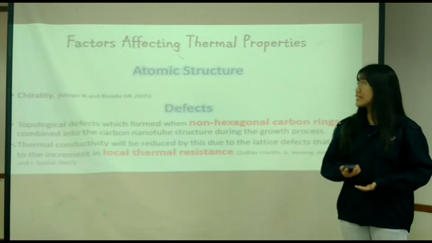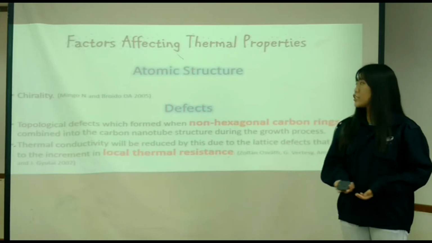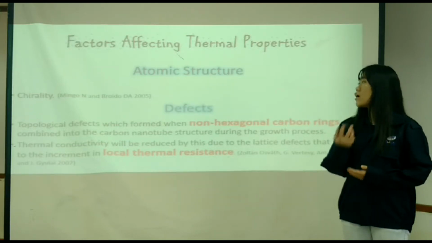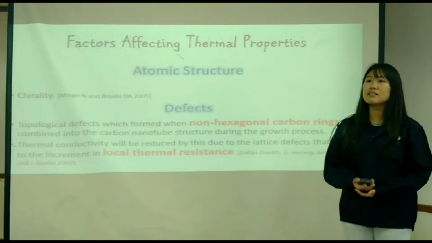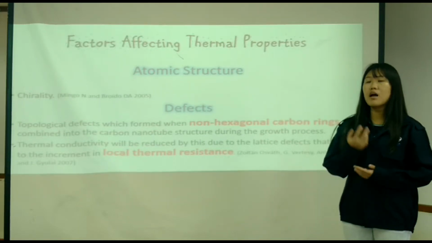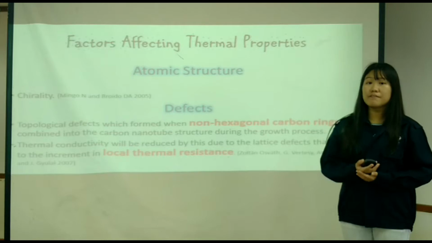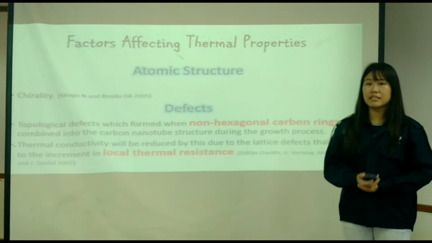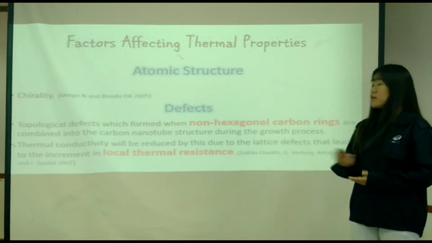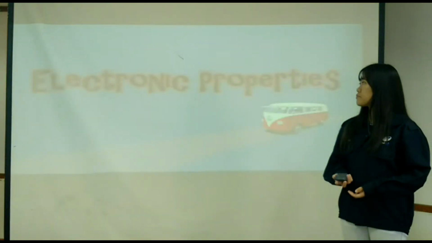Next is the chirality inside the atomic structure, and lastly the defects that form when non-hexagonal carbon rings are combined into the carbon nanotubes, and this will definitely reduce the thermal conductivity because of the local thermal resistance.